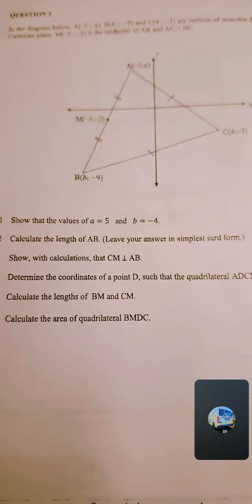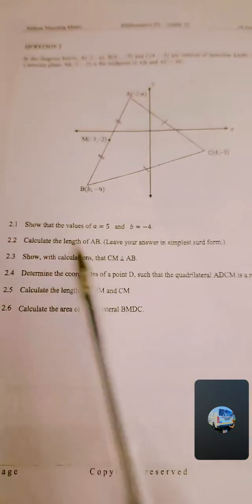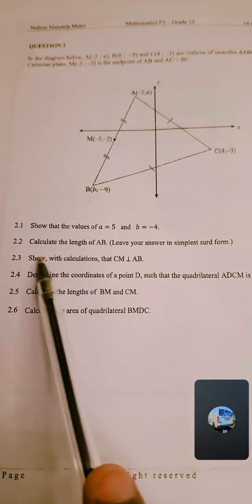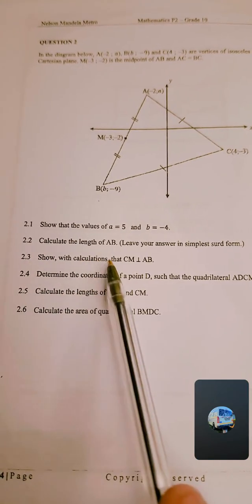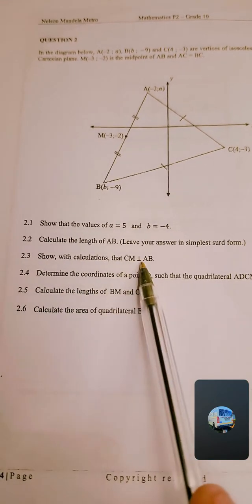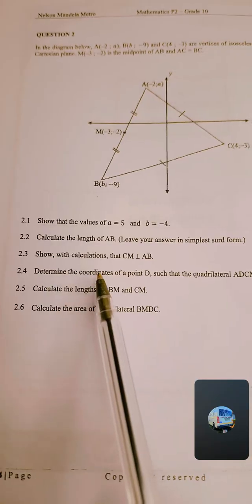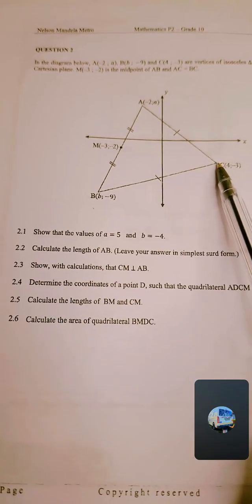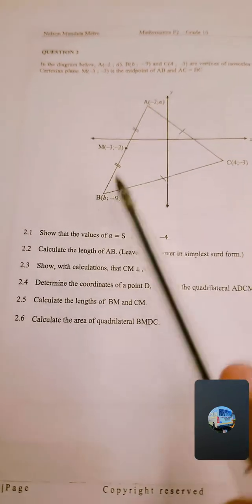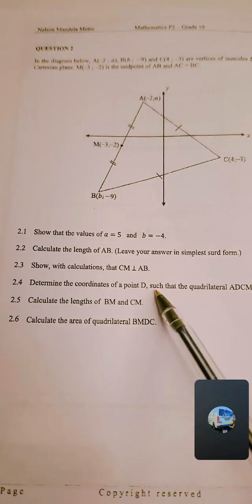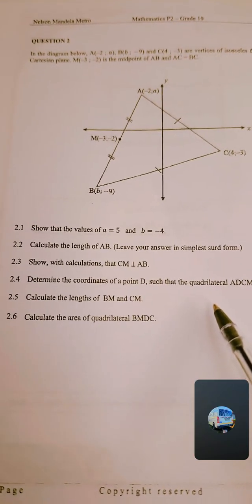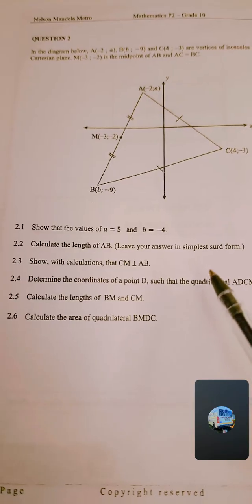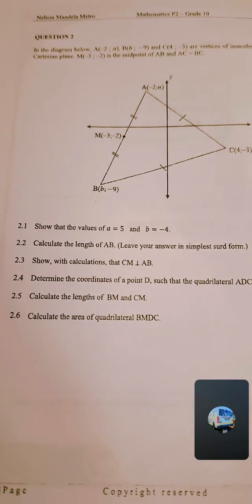Can you please repeat the question for me? 2.3, it says show with calculations that CM is perpendicular to AB. C is there, M is here, and then AB is there. That means that the gradient, when you times them, must give you negative. Beautiful. So when you times the gradients, they must give you -1.